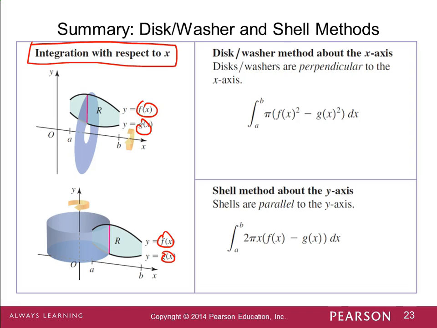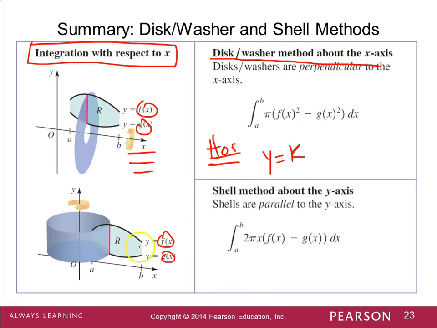So if we're integrating with respect to x and we're rotating about the x-axis or any horizontal axis, so we can say that this works for any horizontal axis as well. So say something like y equals k, any horizontal line, we want to use disc and washer method. Because we're already in a function of x, we're rotating about a horizontal axis, we're creating these discs and washers.